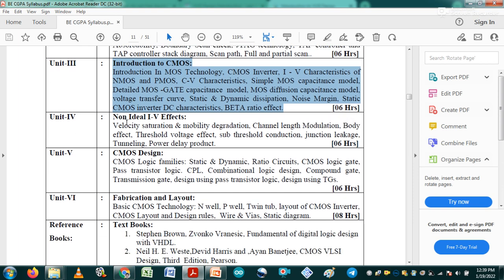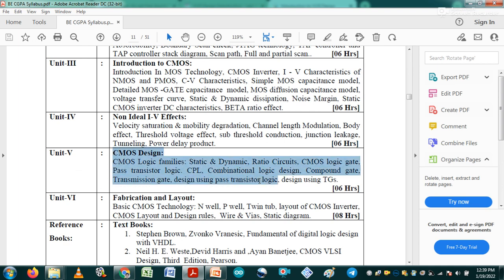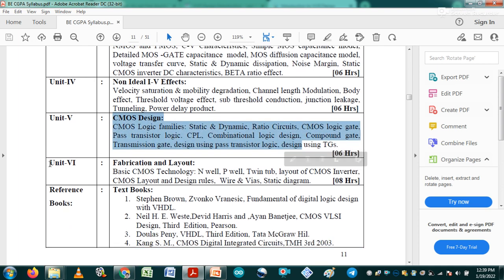In unit 4 we will see non-ideal current and voltage effects: when we design a transistor, what its current, voltage and power factors are. In unit 5 we will understand CMOS design. In unit 6 we will understand fabrication and layout.